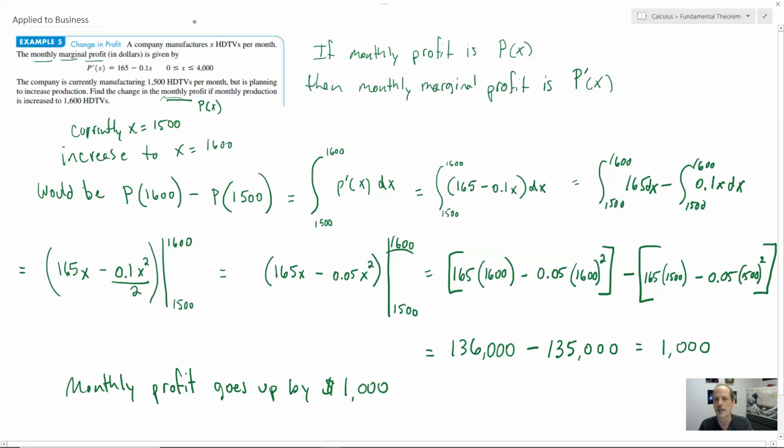I realize that this might not have jumped at you right away, but if you're given a P prime of x in an application and we're working with the indefinite integral, start at the very least by taking the integral, and then maybe it'll kind of come together for you what the lower and upper bound would be in the context. Another problem is going to be described a little bit differently, but generally you're probably going to need to use this fundamental theorem here.